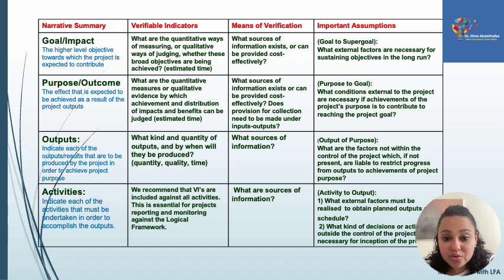And then you want to verify the information that you are getting by knowing what source of information exists and can be provided cost effectively. Thus provision for collection needs to be made under inputs and outputs.